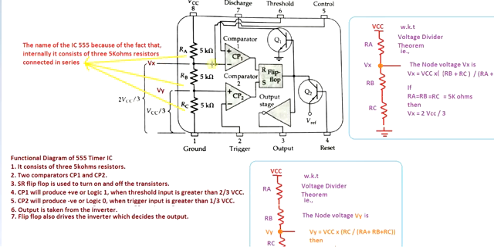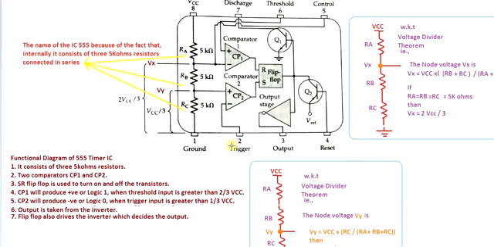Because of that, this quantity is more than the threshold, so CP1 produces 0 by default. Only when your threshold is greater than the Vx voltage does CP1 turn to 1. What happens to CP2?